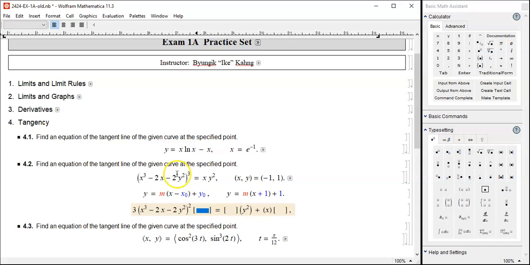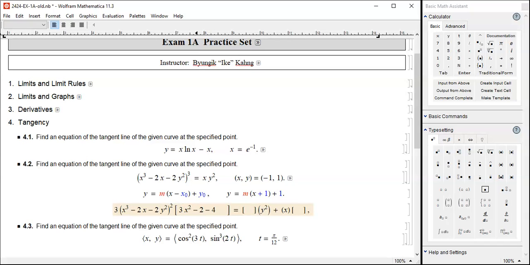Okay. What's the derivative of x cubed? 3x squared. Is everybody happy with that? Now, what's the derivative of minus 2x? Just minus 2? Okay, good. And what's the derivative of minus 2y squared?